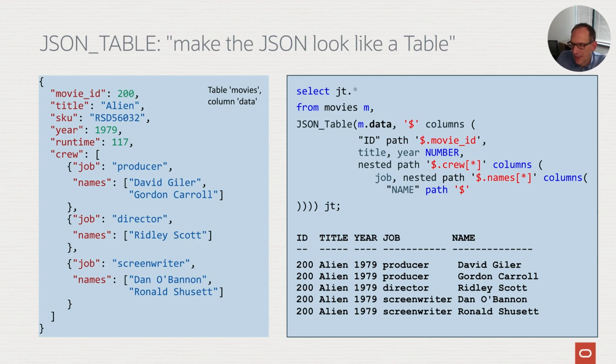So if we look at the next example, like the crew, $.crew, and then square bracket, and then we have the star inside. This basically means iterate over each of these objects in this crew array, and then project out further columns, for example, the job. And you will see here that these nested values, producer, director, screenwriter, are just being returned as separate column or row values here.